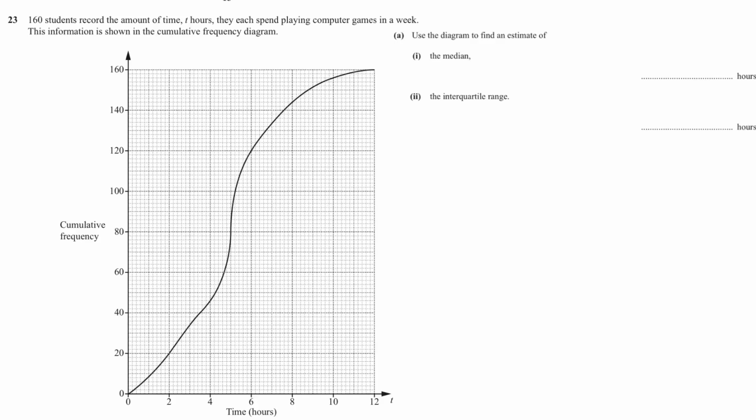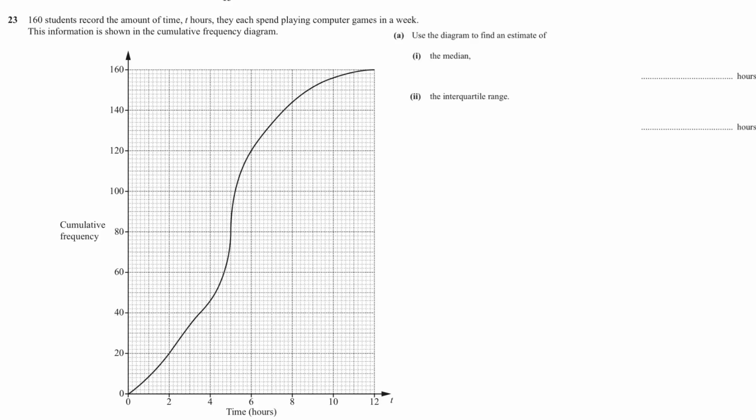The next question is a cumulative frequency diagram question. 160 students record the amount of time they spend playing computer games in a week. So that is plotted in the cumulative frequency diagram. A. Use the diagram to find an estimate of the median. To find the median, first we have to find the position of the median. The position of the median is on the y-axis here.